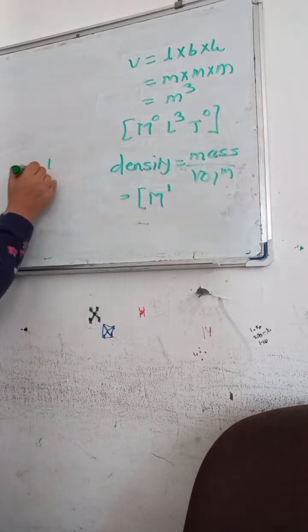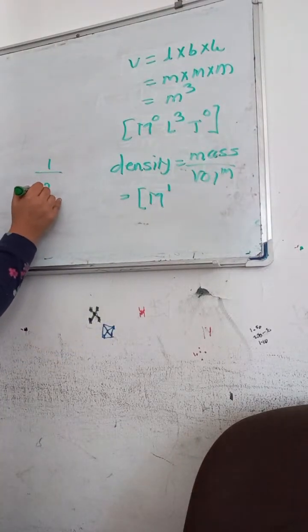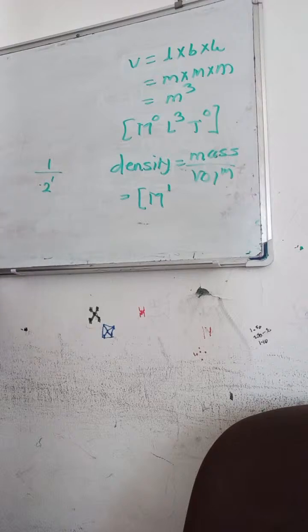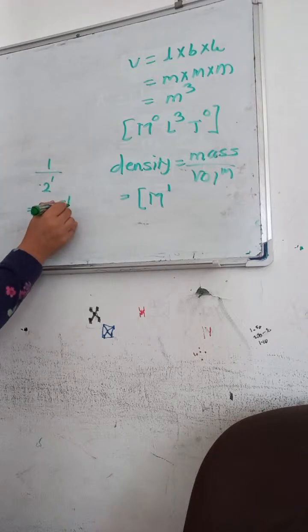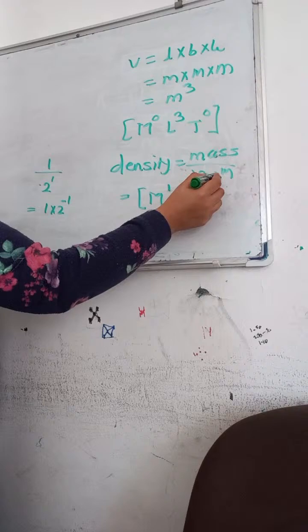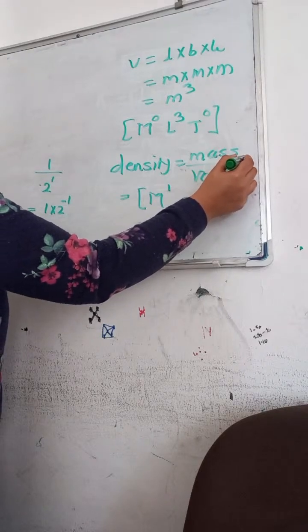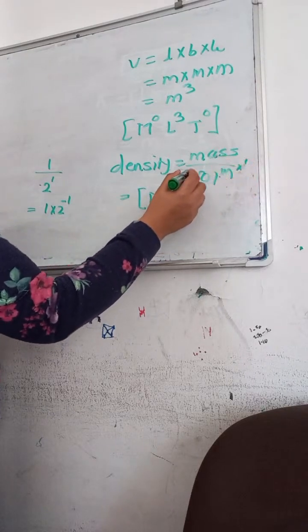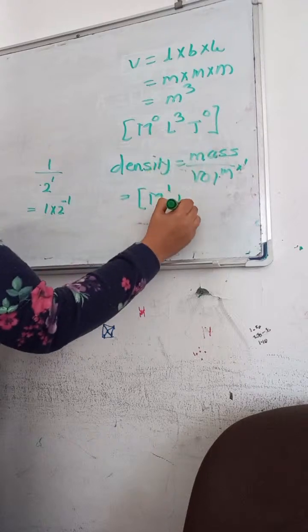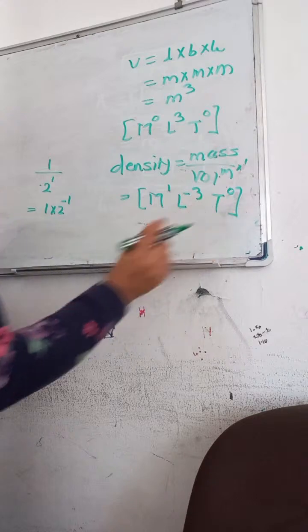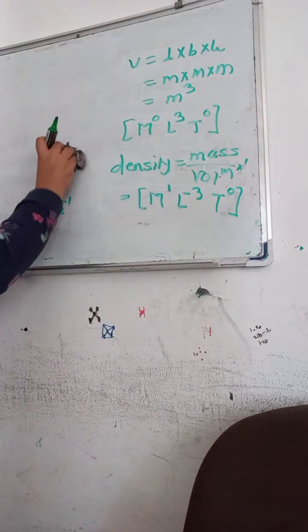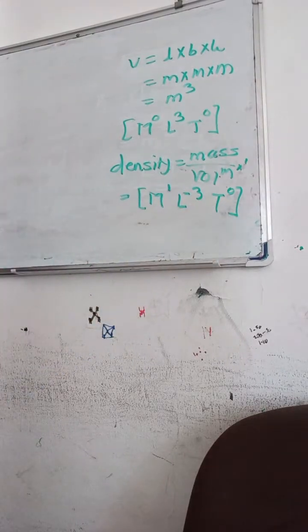We know that if 1 raised to 1 upon 2, nothing is there, that means it is raised to 1. Whenever we take it up, we write 1 into 2 raised to minus 1. Similarly here volume is length, that is L raised to 3, and when we take it up we write minus 3, and time is absent here. So the dimensions for density are M raised to 1, L raised to minus 3, T raised to 0.